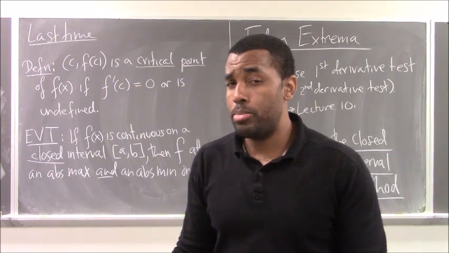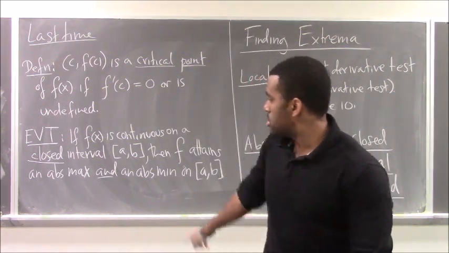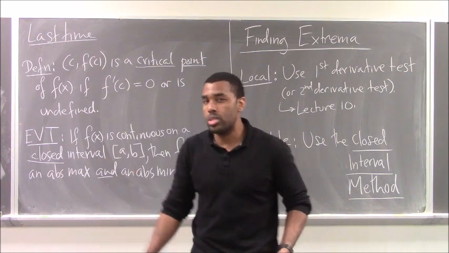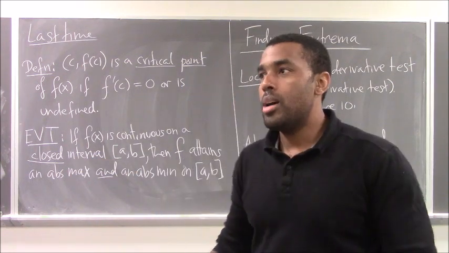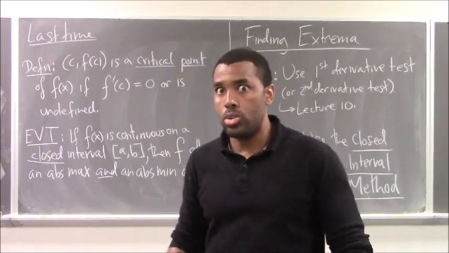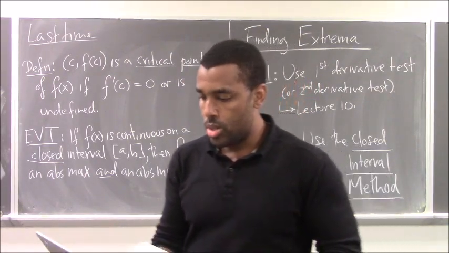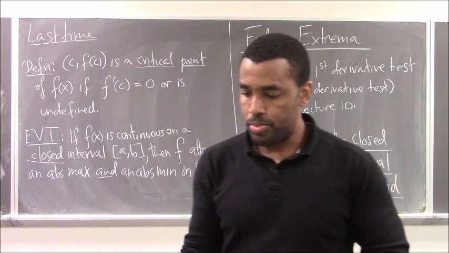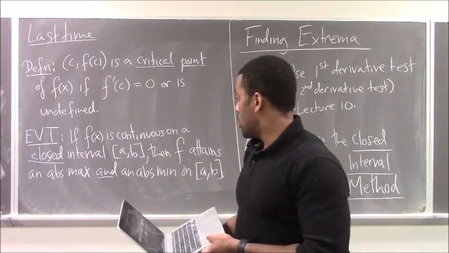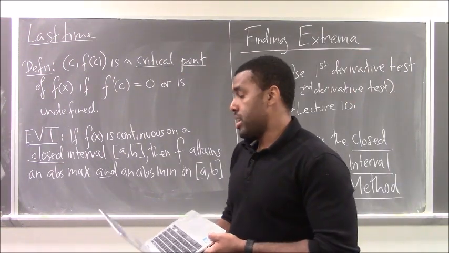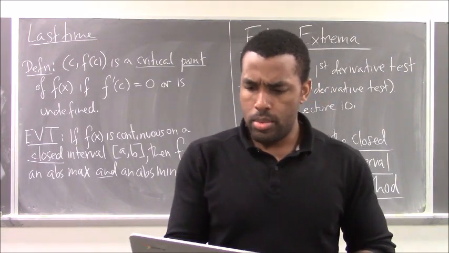It also has no absolute min. So that's one thing that you want to be careful of. It has to be a closed interval. So the extreme value theorem applies to continuous functions on closed intervals. So the interval can't be infinite. It also has to be finite length.